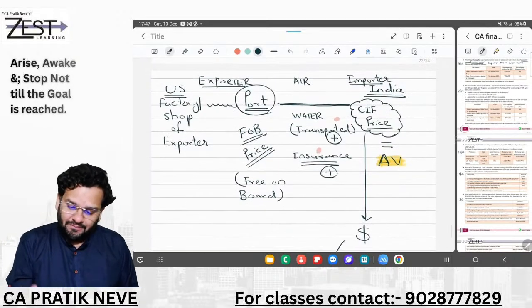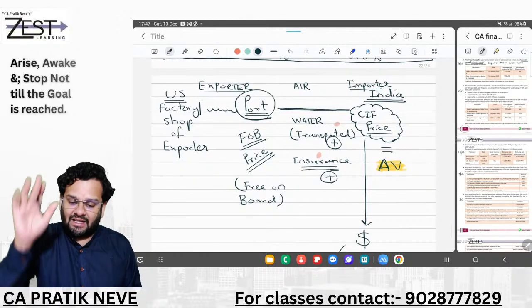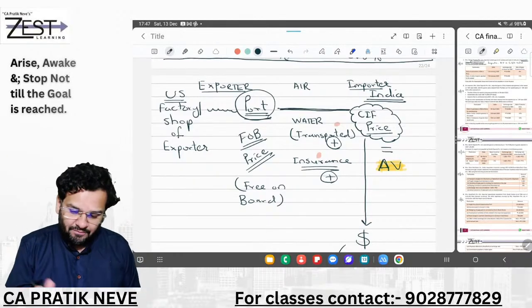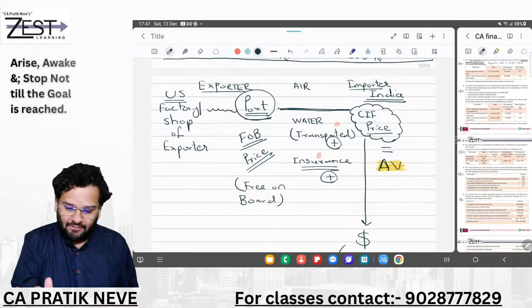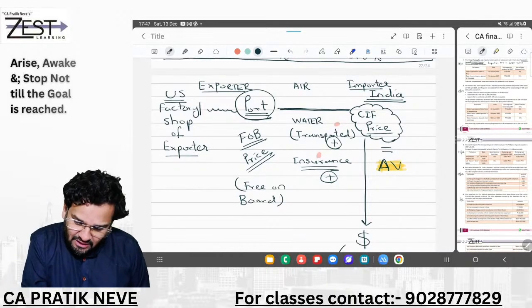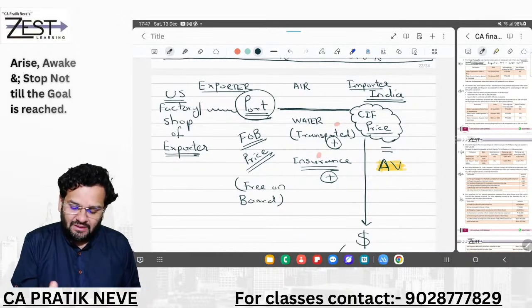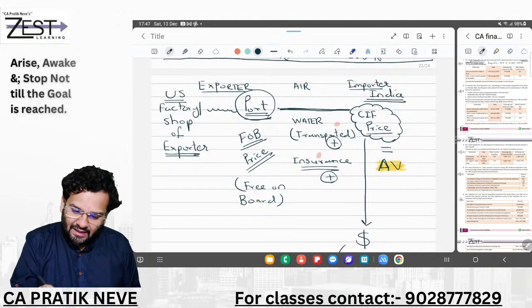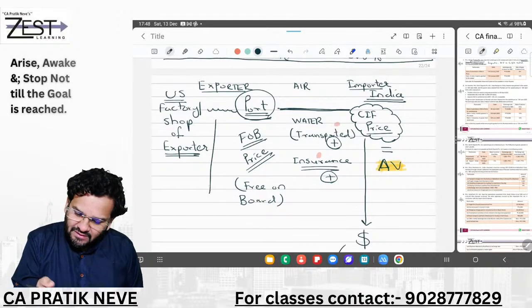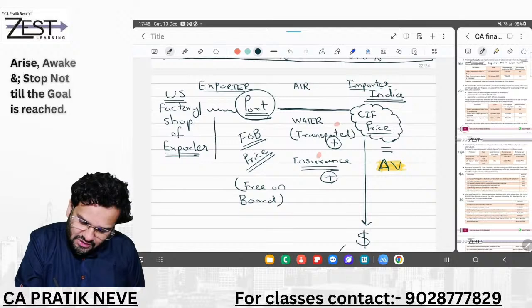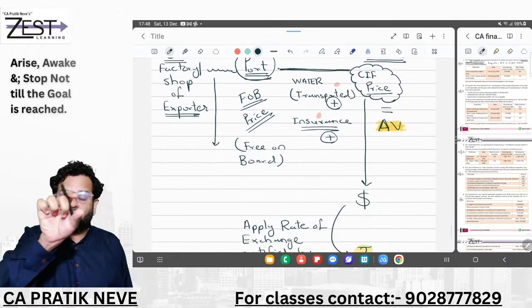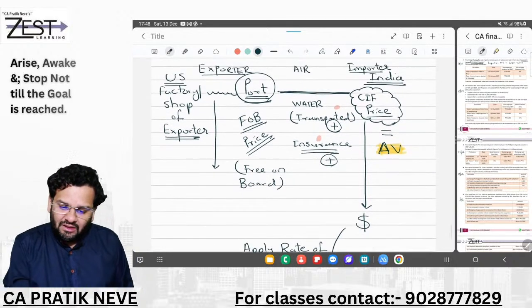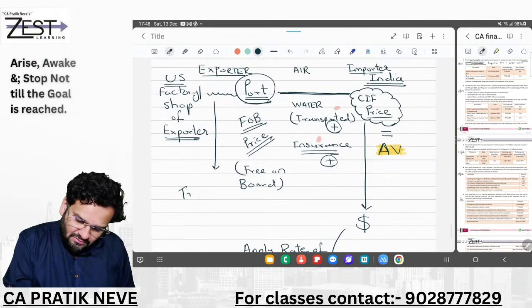And remember, FOB price is the price at exporter's port. It may happen that at the factory or shop of exporter, the price is given. And then there is a transport cost and other costs given for bringing the goods till the exporter's port.